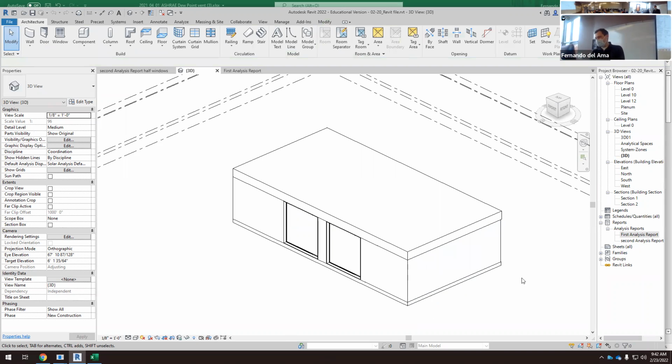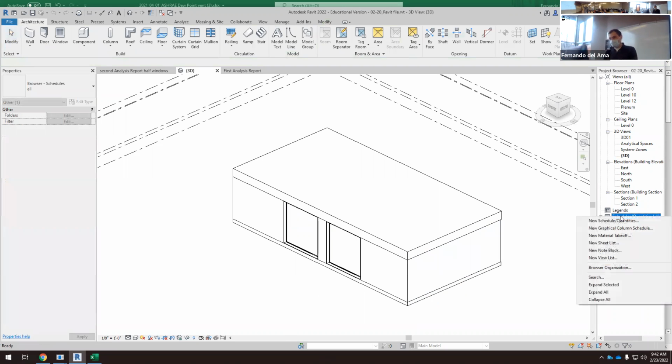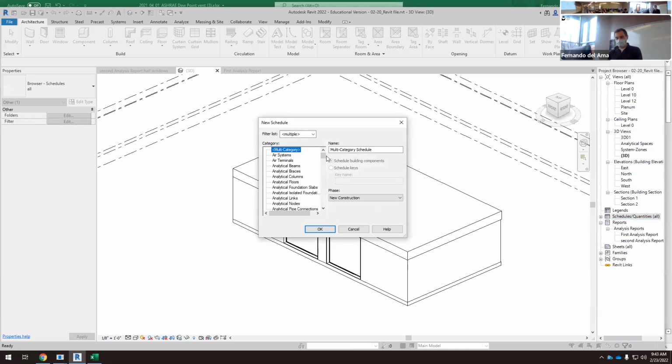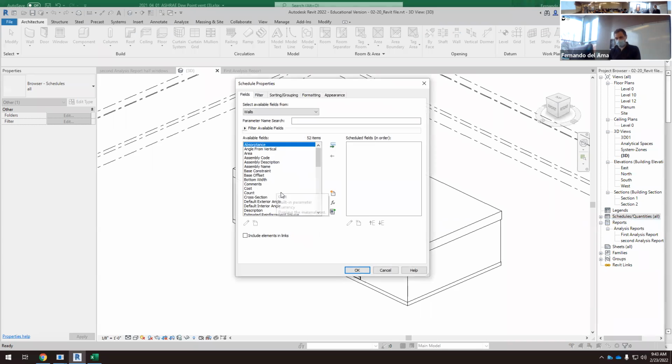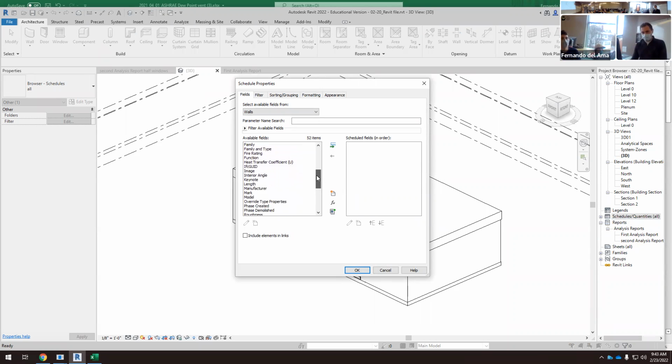We can create a schedule. Remember the schedules? If we create a new schedule, and in this schedule, we just analyze walls, and here we just select area.